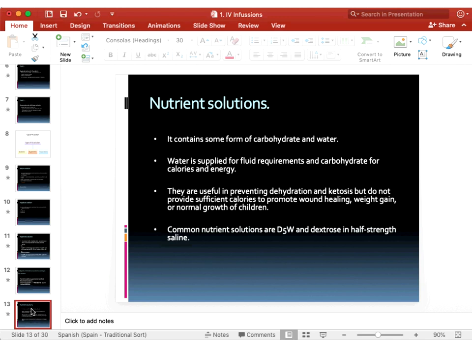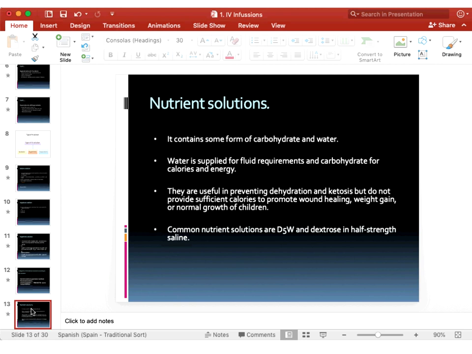So nutrient solutions, we may consider, for instance, a mixed solution that has normal saline plus glucose, some form of nutrient solution, because you're providing a big amount of carbohydrate in the form of glucose, all right? But you cannot use this as an entire form of nutrition.